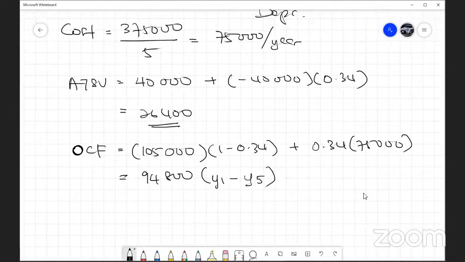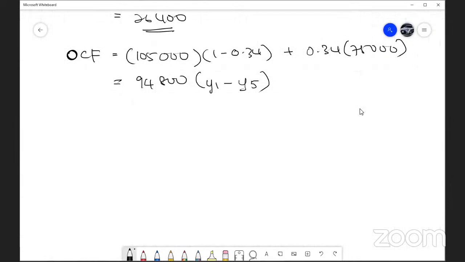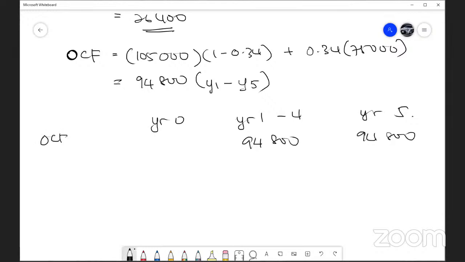So with all this given information, you can start doing your incremental cash flow again. Very simple: year 0, year 1 to 4, and year 5. All 94,800, this is OCF. Net working capital is given to you, 28,000, which comes back in year 5.